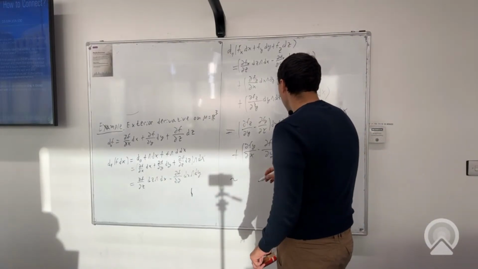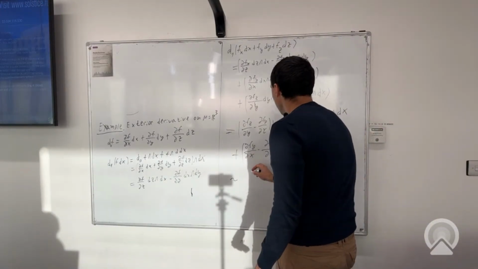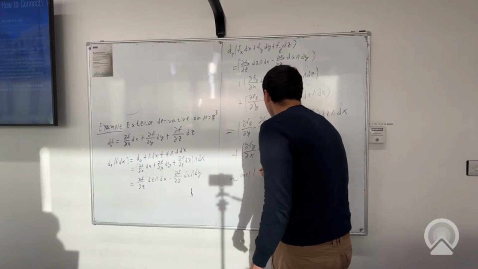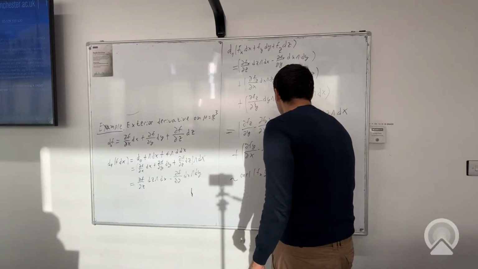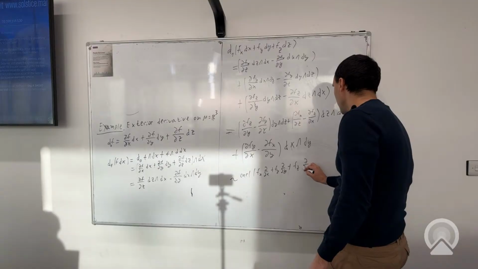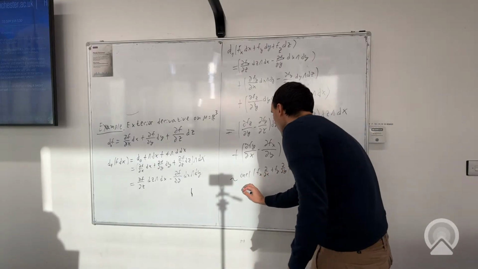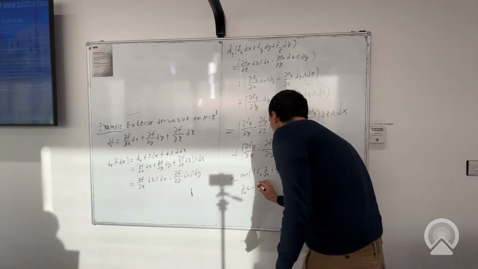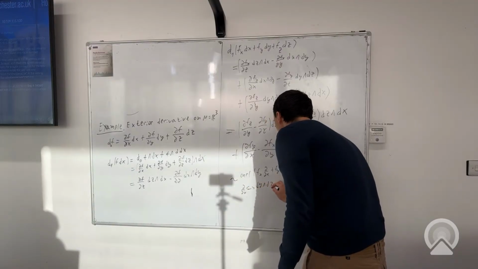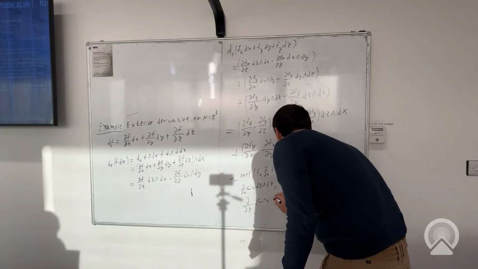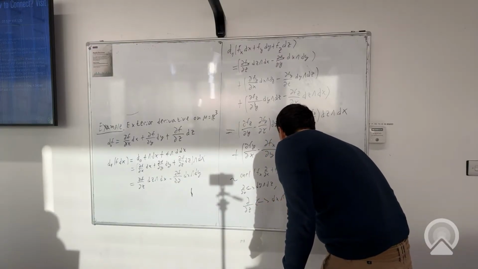This is like the curl of fx dx plus fy dy plus fz dz, and we have dx identified with dy wedge dz, dy identified with dz wedge dx, dz identified with dx wedge dy.